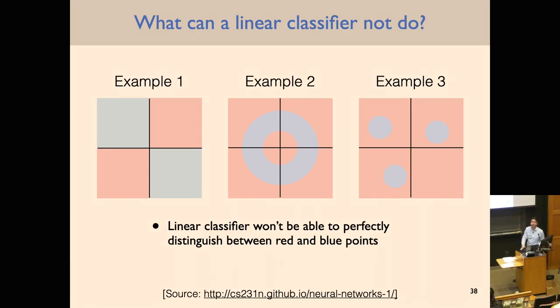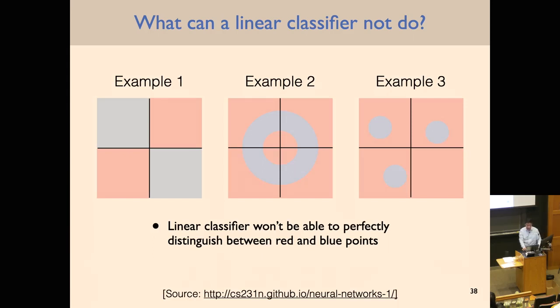Any line that you pick is going to incorrectly classify some of the examples. And the same thing with this third example as well. Any line that you pick is going to have on one side some red and some blue. It's not going to be able to perfectly separate red from blue.